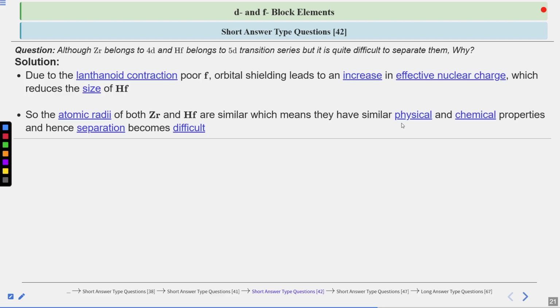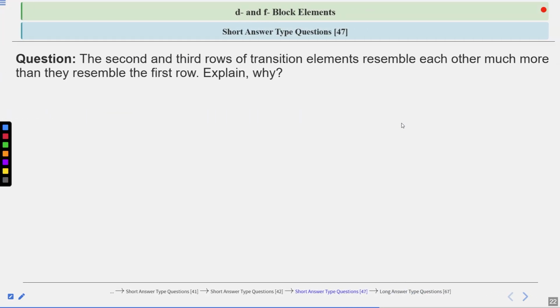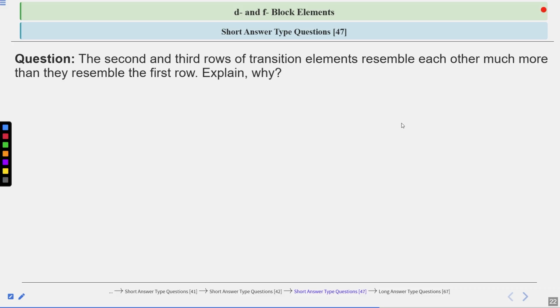Okay, let's move to our next question. This is a short answer type question marked as question number 47. The question is that the second and third rows of transition elements resemble each other much more than they resemble the first row. Explain why.